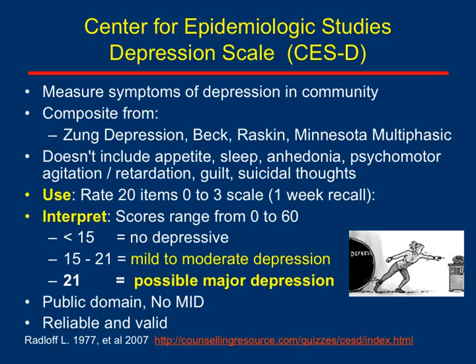It does not include suicidal ideation. It's rated 20 items, 0 to 3 scale, and this is the cut point for interpretation. So give you an idea of when you would report abnormality. There is no clear MID for the tool, and it is considered valid and reliable. And this is the URL for obtaining it, or you can do a search on the internet for the CES-D, and you'll find all the details you need. Next slide, please.